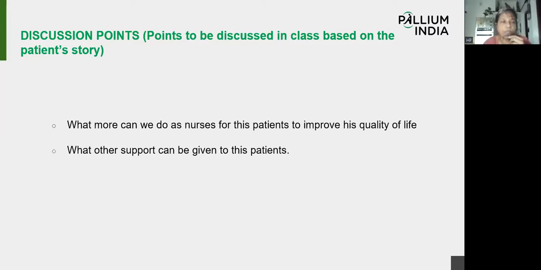In that case, when the patient's condition is becoming worse, whether they want to bring the patient to the hospital, put on a ventilator, so many things have to be decided. So we have to sit and talk, communicate with the family members, what they expect from us, what they want to do when this condition is going to worsen. Whether DNR, do not resuscitate. So we have to explain these things, talk to them, so that they can take a decision, and accordingly we can intervene in these things.